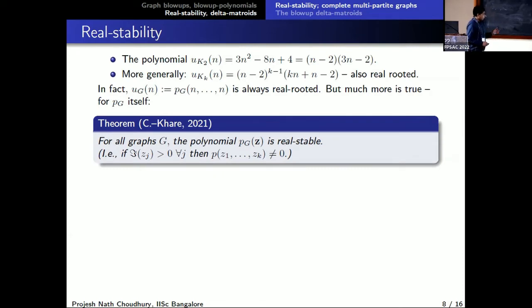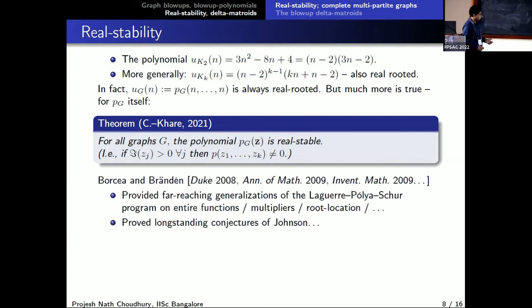Note that from now onwards, I'll treat this polynomial as a function of complex arguments. Real stable polynomials are the focus of tremendous recent research, primarily due to the work of Borcea-Brändén, who proved far-reaching generalizations of the Lee-Yang and Pólya-Schur programs and proved three long-standing conjectures of Charles Johnson using this polynomial.